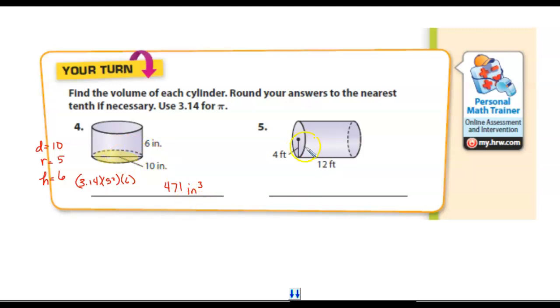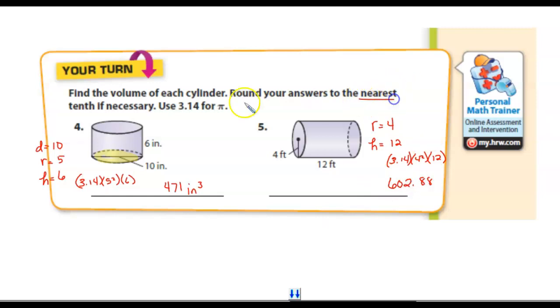Okay, take a look at number 5. Do I have a radius or do I have a diameter? I do have a radius, so I have a radius of 4. The height of the cylinder is 12, and so I'm going to use 3.14 times my radius squared times my height. 4 squared is 16, so 3.14 times 16 times 12 gives me 602.88.